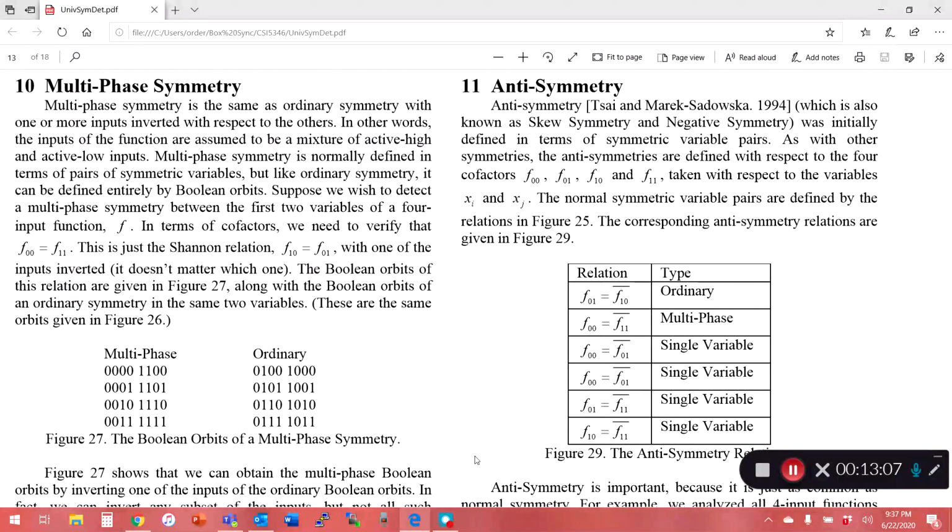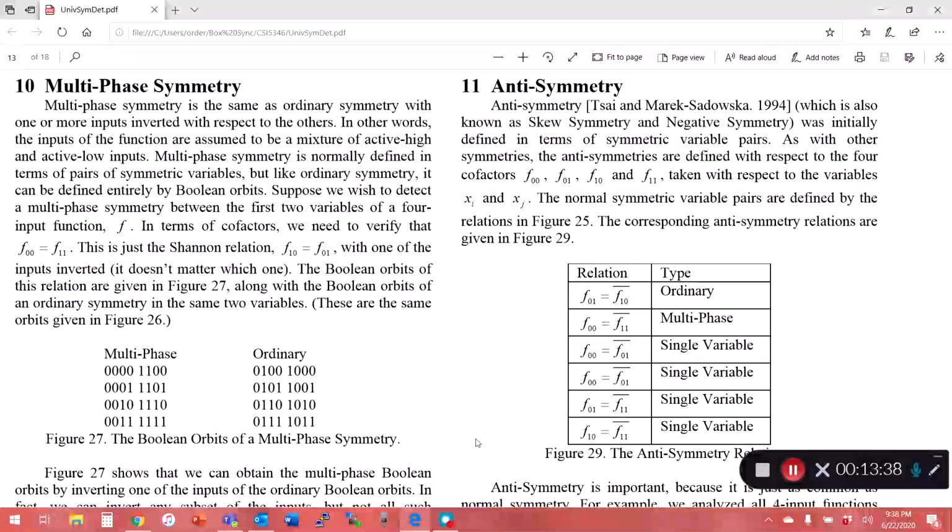Now, the analysis that I go through in this section shows that in order to detect any of these anti-symmetries, we need to use the same Boolean orbits we would use to detect the regular symmetric variable pairs.